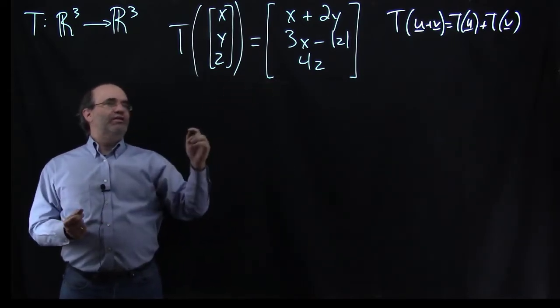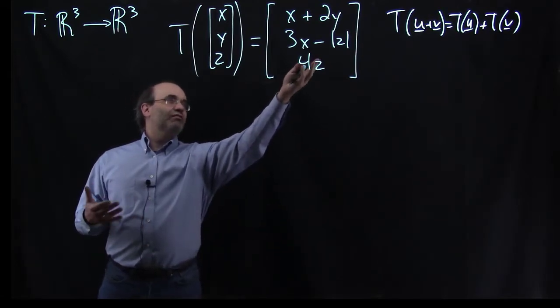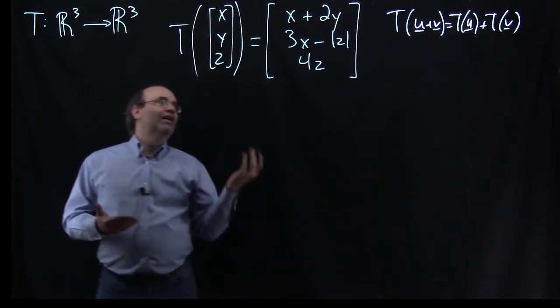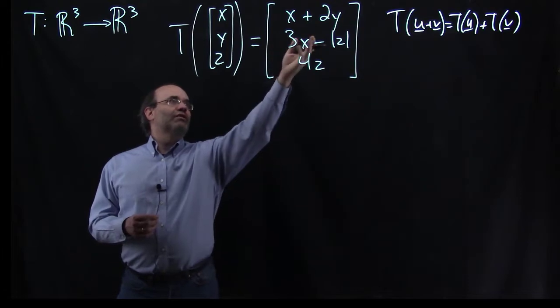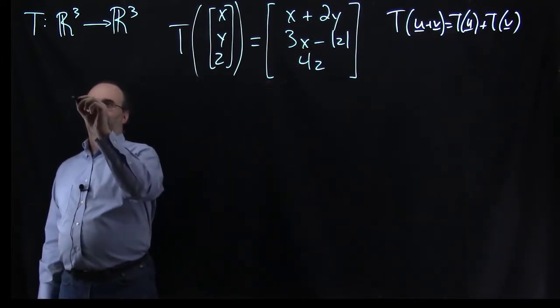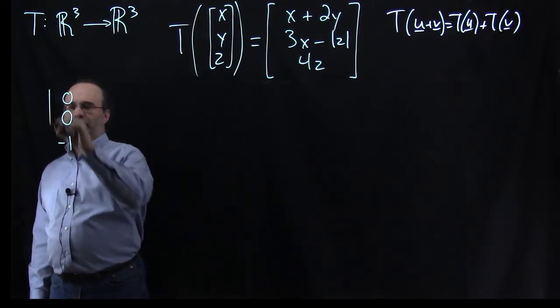For u, I said the z entries for at least one of these vectors should be negative. x and y don't create too much trouble here, so maybe let's just give them value 0.